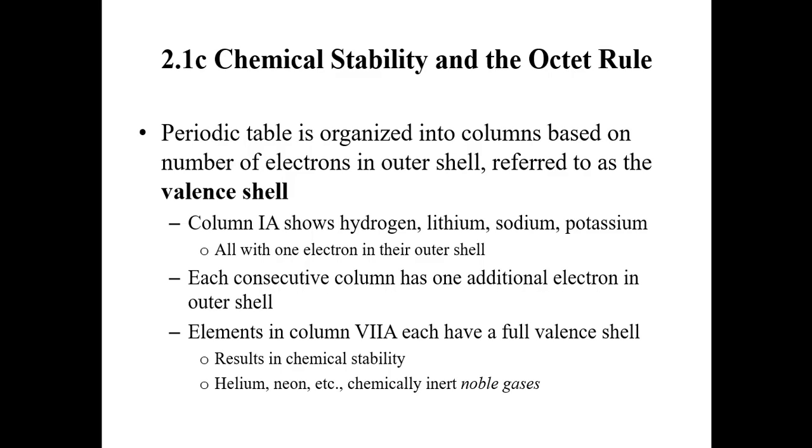Now, the ones that are called noble gases or inert gases are the ones that have the outermost shell already filled. Now, why is it called the octet rule? As you can see from the title there, the octet rule is because the outermost shell typically carries 8 electrons.